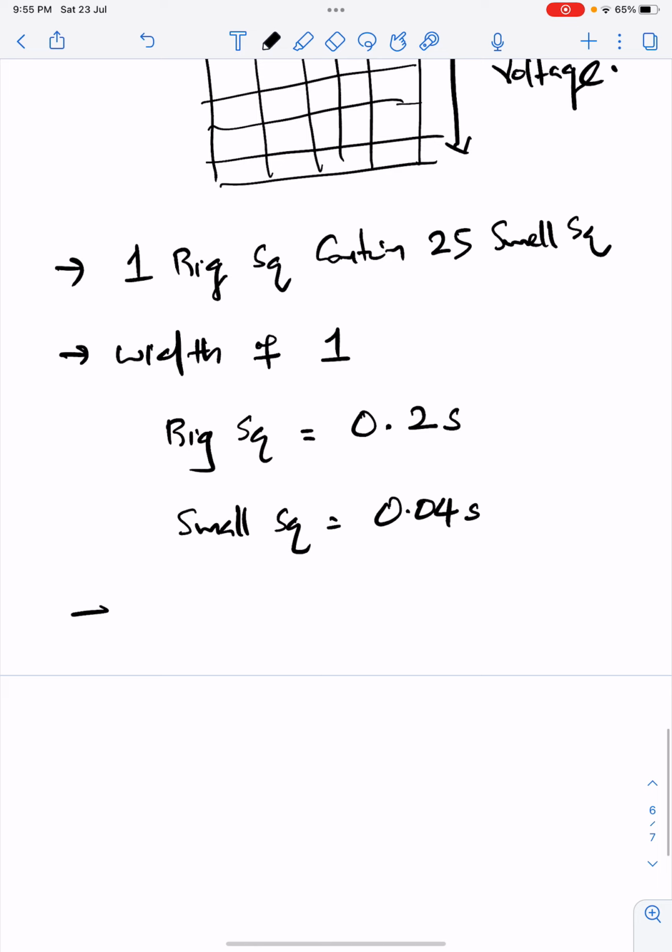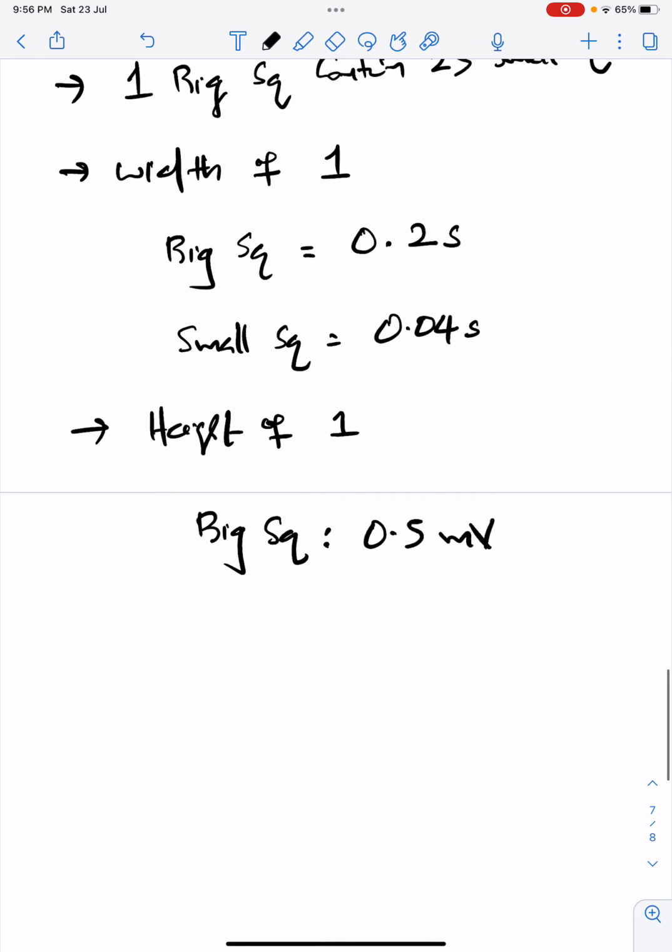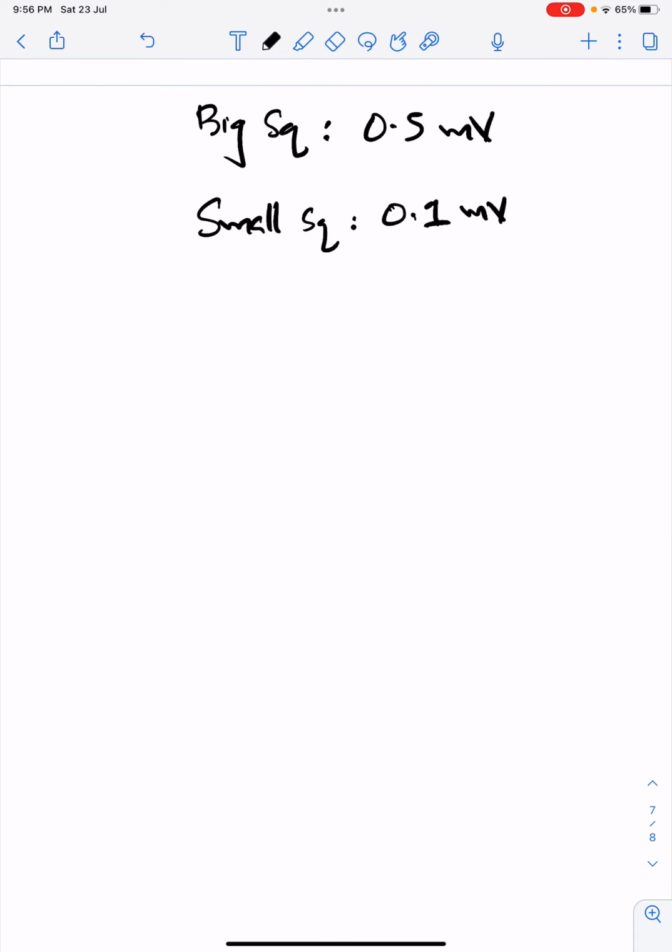Similarly, the height of one big square is equal to 0.5 millivolt and one small square is equal to 0.1 millivolt. Okay, that's about the ECG paper.